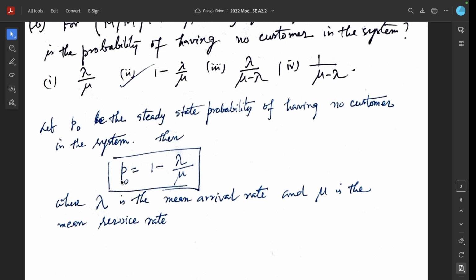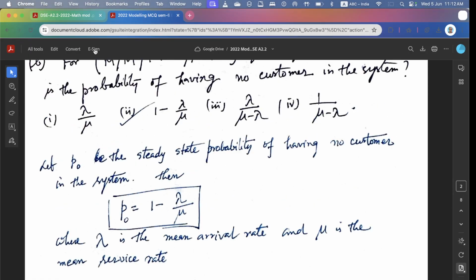So we define this as the steady state probability of having no customer in the system, P0 equal to 1 minus lambda by mu. Here lambda is the mean arrival rate of the customers and mu is the mean service rate. So this is equal to 1 minus lambda by mu.